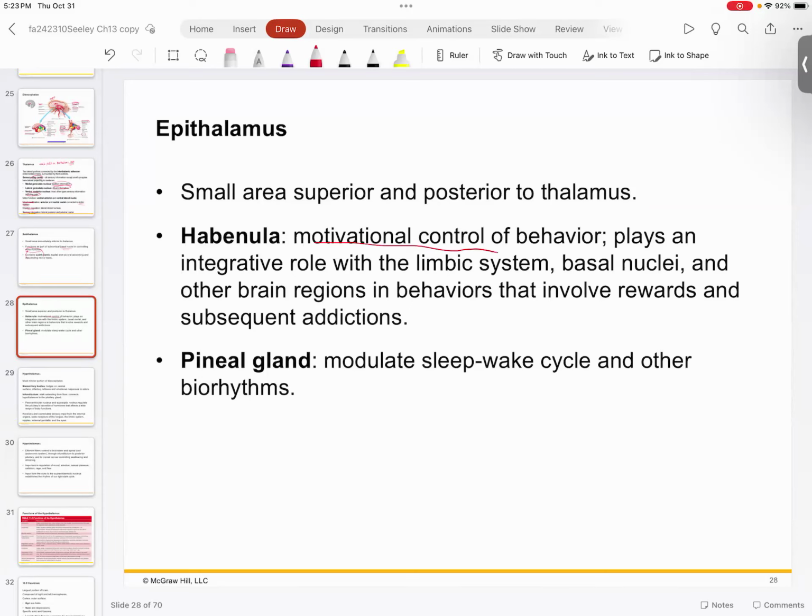This is typically tied to your limbic system, which is where your emotions are coming from, your basal nuclei, which is where your motor control is coming from, and other parts of your brain that are involved in behavior, like your reward system and things of that nature. So this is an area that is in touch with a couple of things. If you take all these together, you're talking about your emotions, your motor control, your reward system.